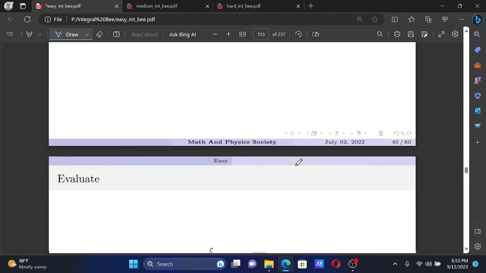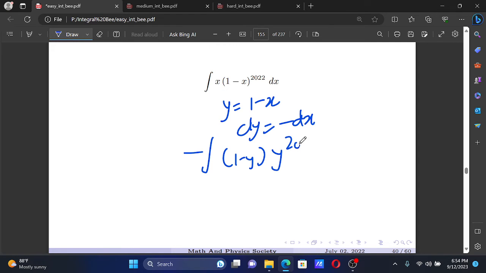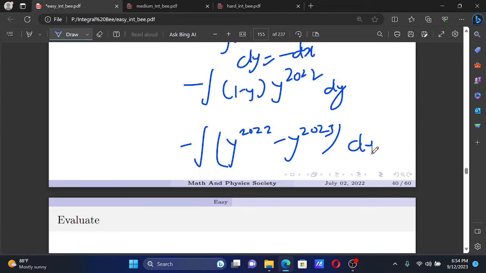Yeah. So next one. For this problem, we can just let y equal to 1 minus x, and then we have dy equals to minus dx. Yeah, and minus of, so this will be 1 minus y, and this will be y to the power 2022. Okay, and then dy, the minus is here, and then after this we can do something like y to the power 2022 minus y to the power 2023 dy.